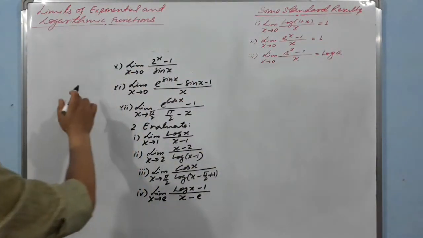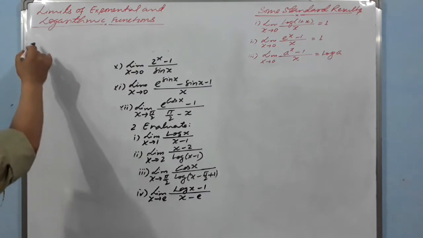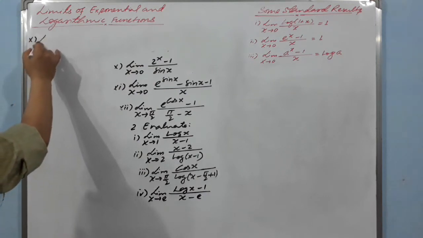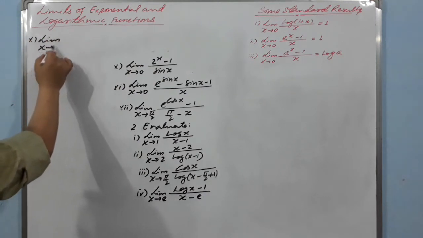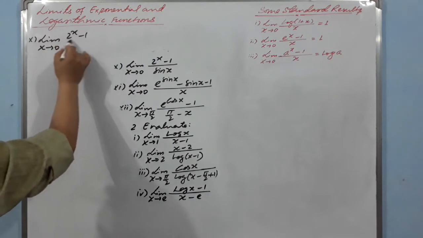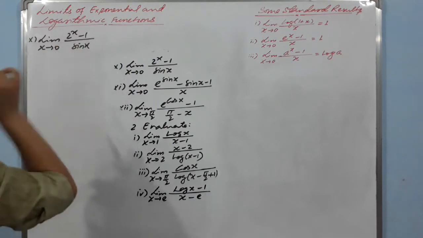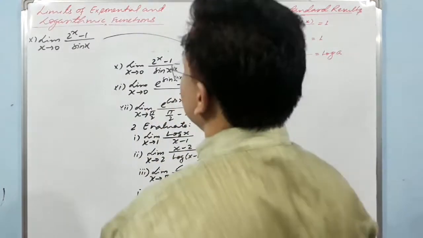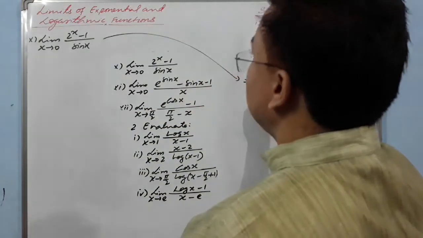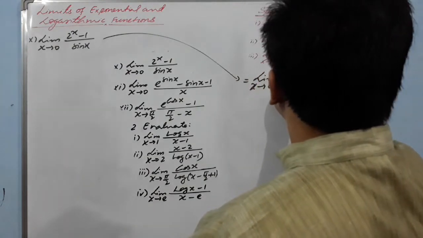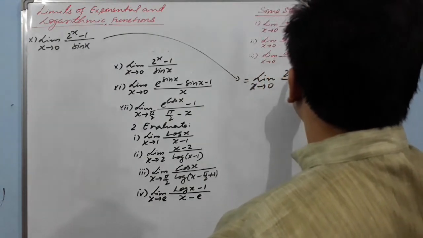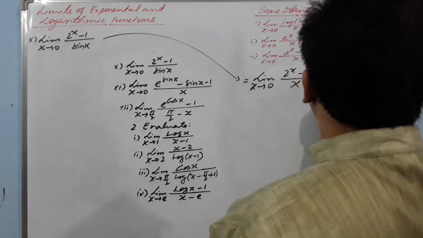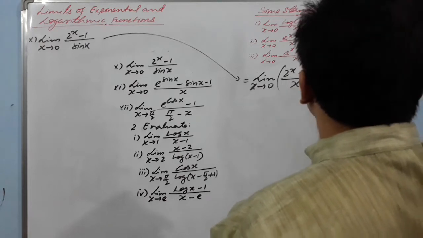So this question, solution number 10: limit as x tends to 0 of 2 raised to power x minus 1 over sine x. I'm writing here, it is equal to the limit as x tends to 0. It's so simple, we need x and x over sine x, right?